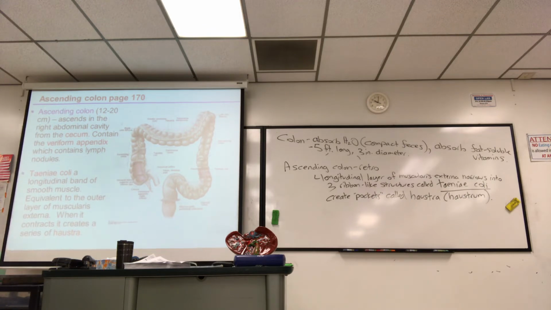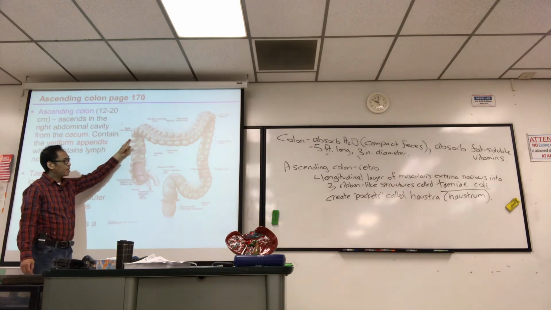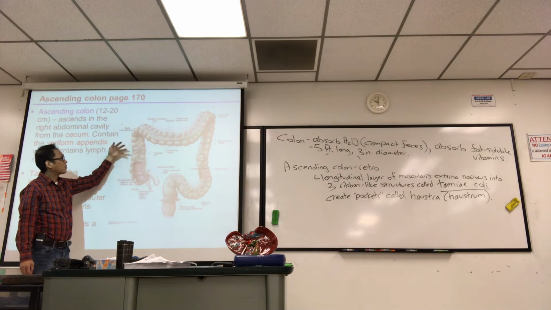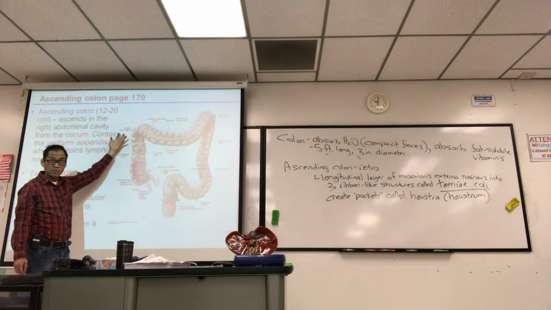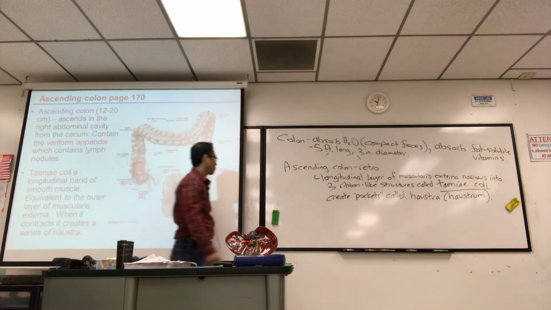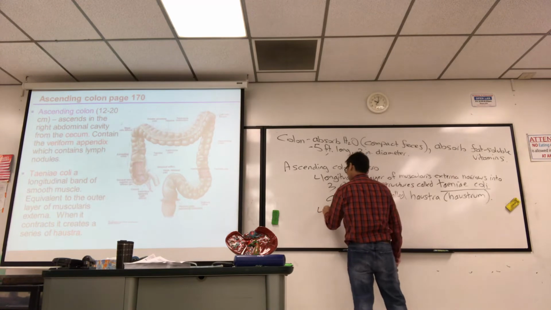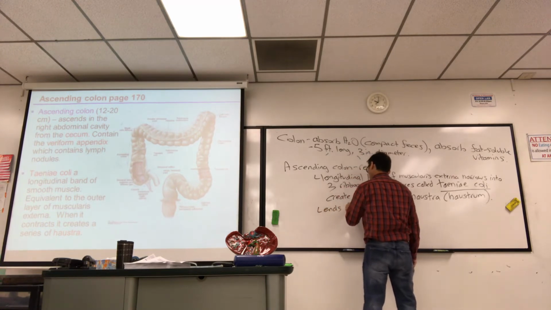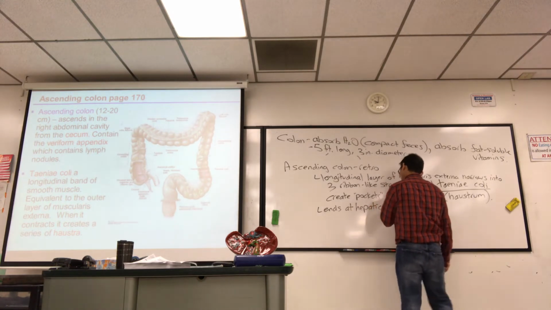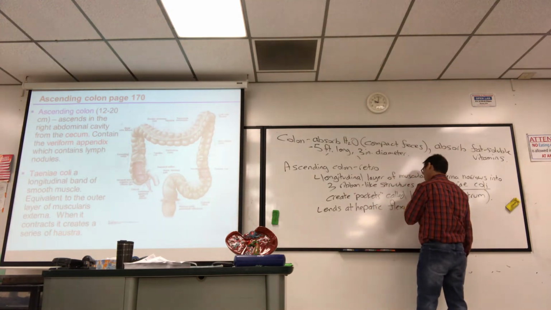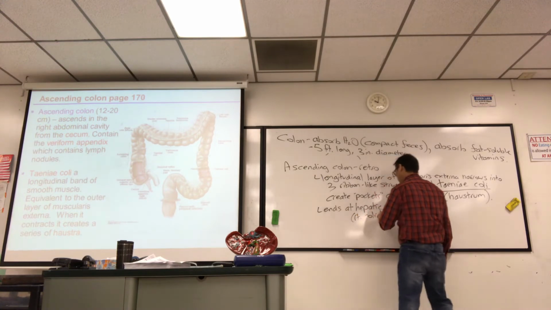It ends when it bends at this flexure on the right side. So you can simply call this bend the right colic flexure, or sometimes it's called the hepatic flexure because it's right by the liver. So ascending colon ends at hepatic flexure. If you want, go ahead and call it right colic flexure.